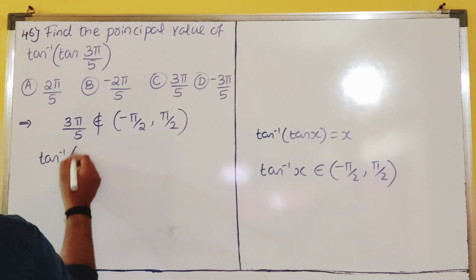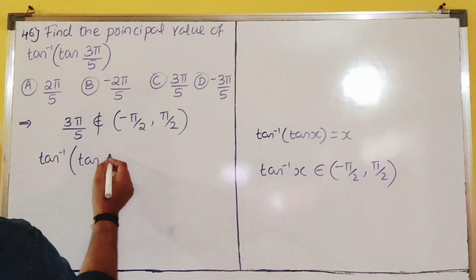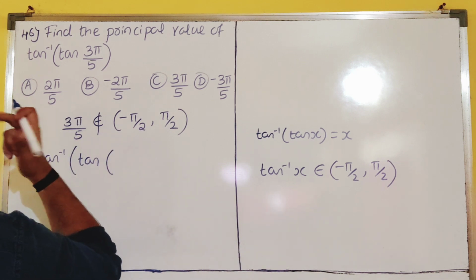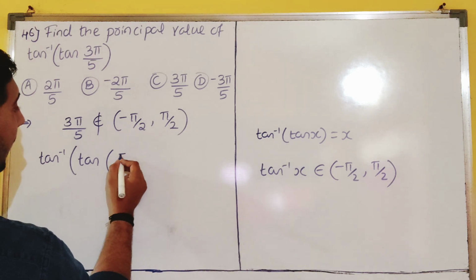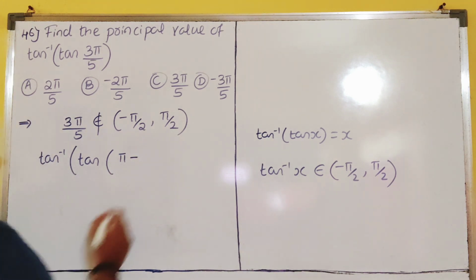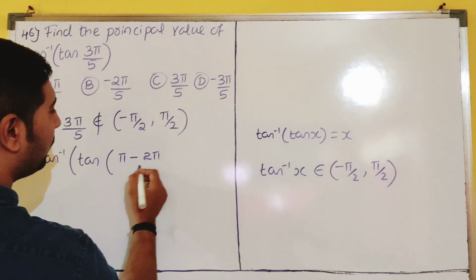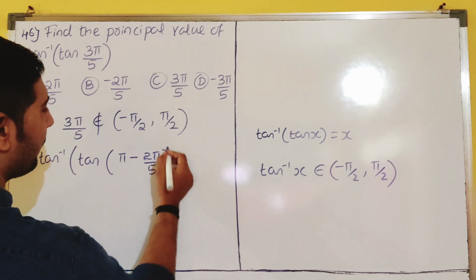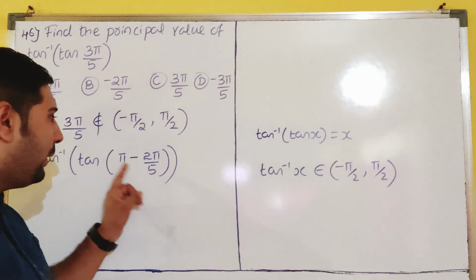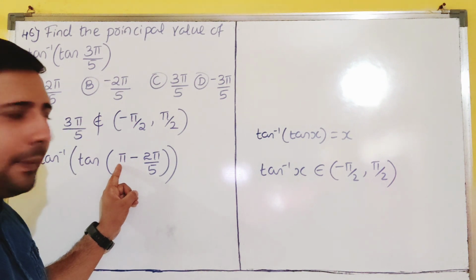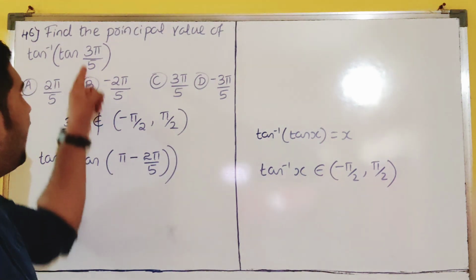See here, tan inverse. I can write like this. 5 minus 2 is 3 pi by 5, dear students. See here, 5 pi minus 2 pi, that is 3 pi by 5.